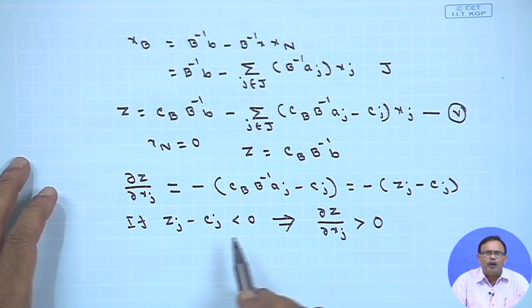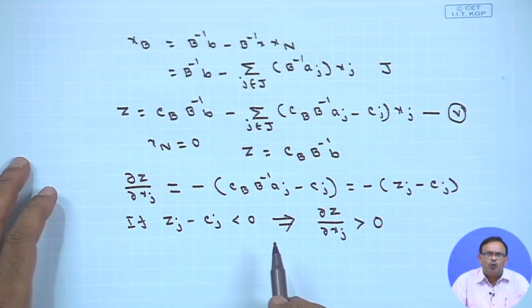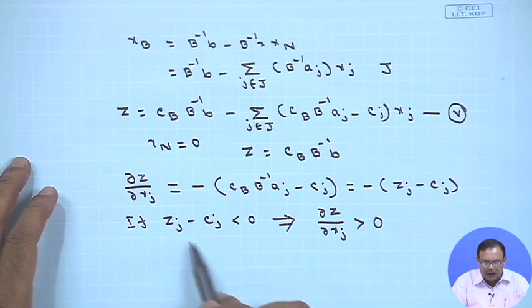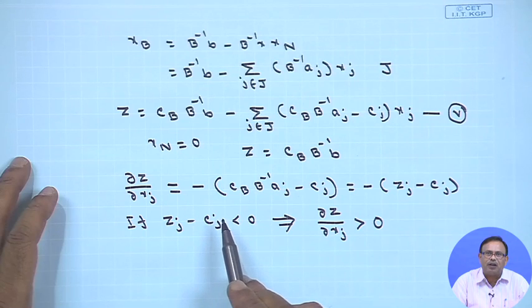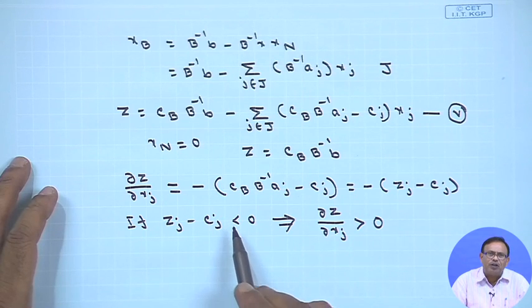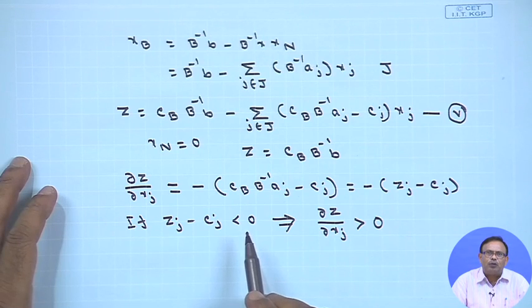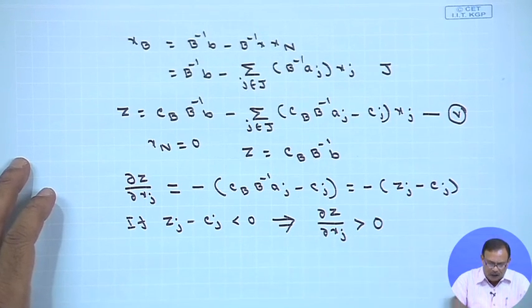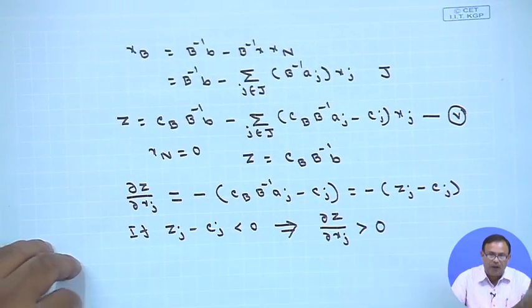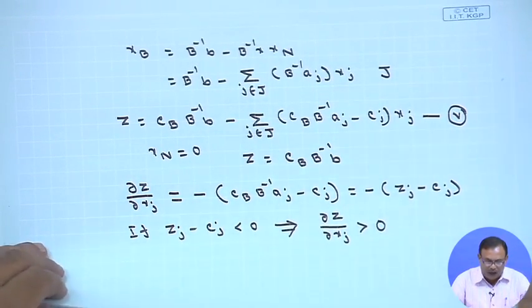That means, whenever I manipulate our table, I will check which variable should enter into the basis. For that, we will calculate the value of Z_j minus C_j, and the most negative Z_j minus C_j we will choose, so that we get the maximum value of the objective function z. We will use this whenever we are doing the algorithm.